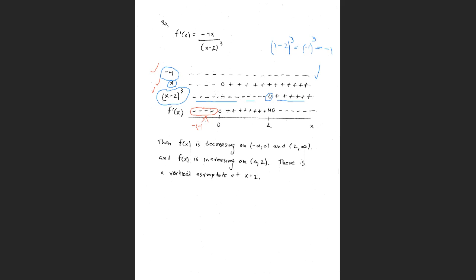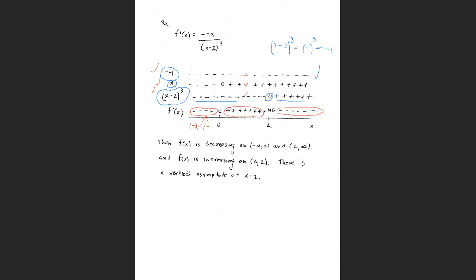Good, divided by a negative. Good, you got the general idea. Okay, and then of course for this part here, when x is between 0 and 2, we have a negative times a positive divided by a negative. That gets us a positive. And you know how this works.